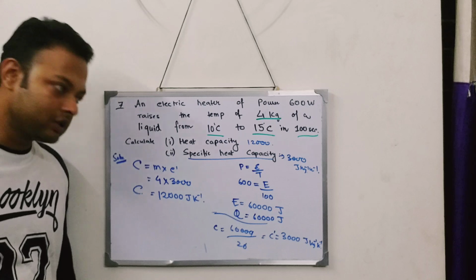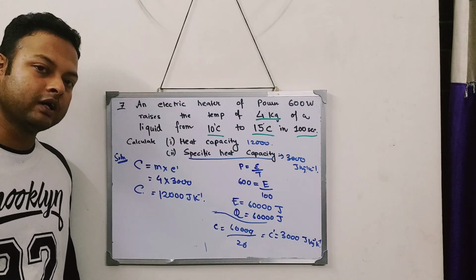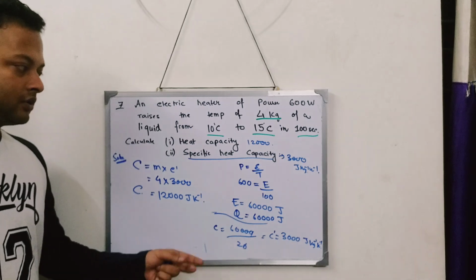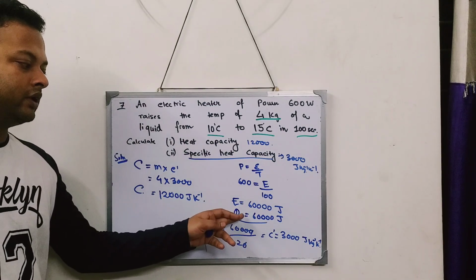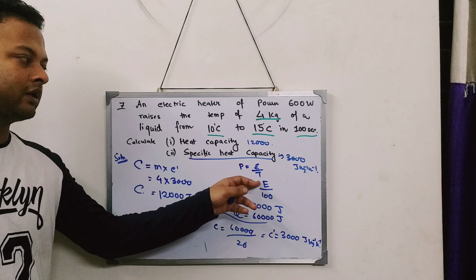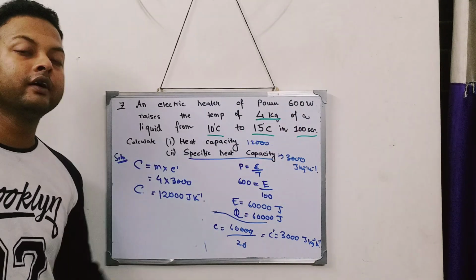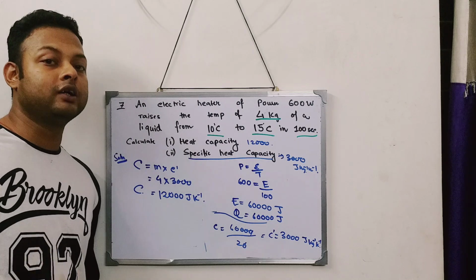So I think you understood this sum, question number 7, easily. You have to first get the value of Q by the power and time, which is given to you, the 6,600 and 100. You get the amount of heat required.